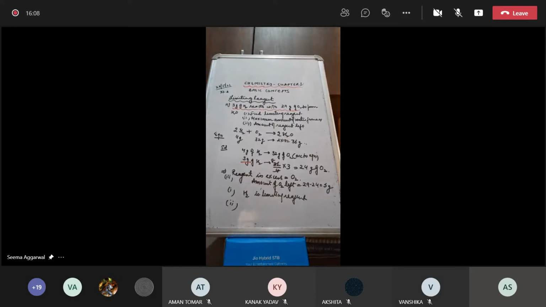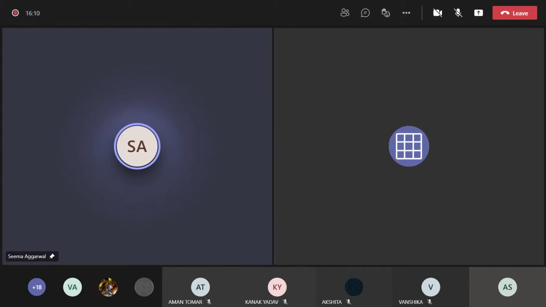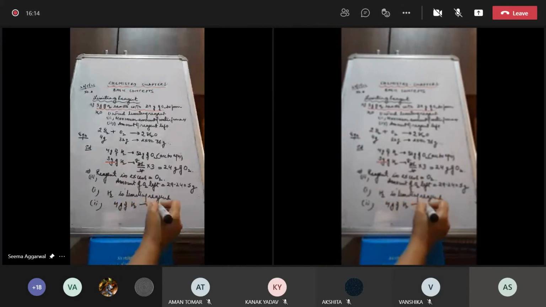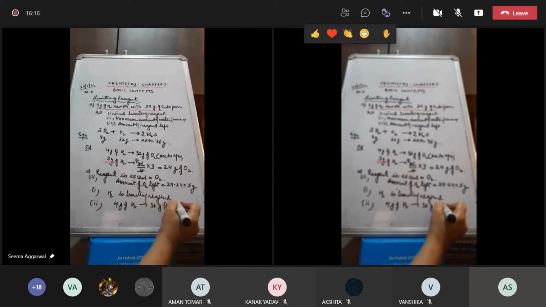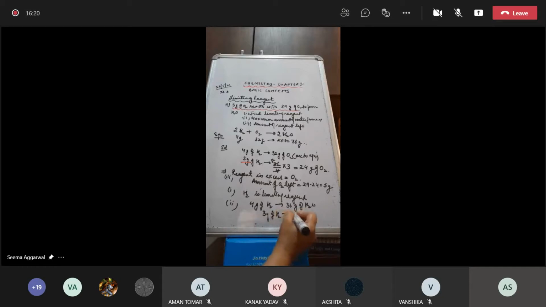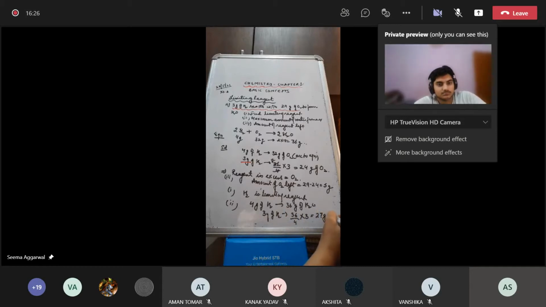Limiting reagent is hydrogen. Now according to the equation, 4 grams of hydrogen gives 36 grams of water. So if I am taking 3 grams of hydrogen, then the water formed will be 36 upon 4 into 3, 9 into 3, that is 27 grams of water. Is it okay?